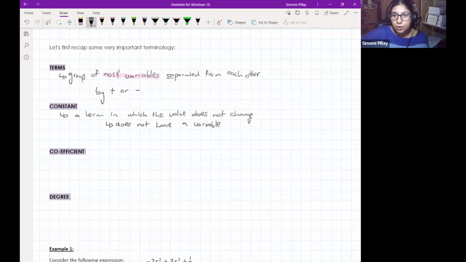And so what you should know is a constant is a term by itself, okay? A constant is a term by itself. And what is a term? It's a group of numbers and variables separated by plus or minus signs. So for a constant, what we'll know is it's going to be a term without any variables, okay? Then we look at coefficient.